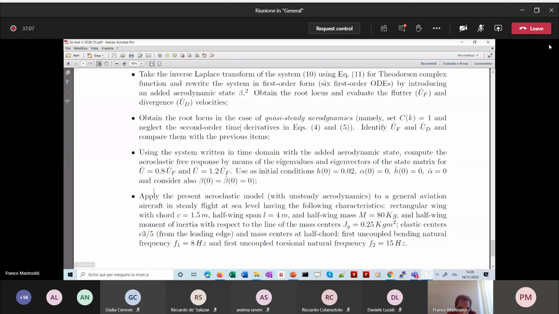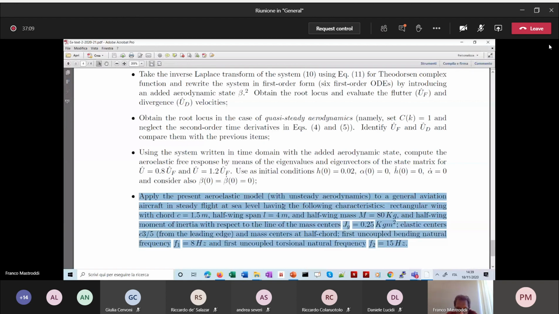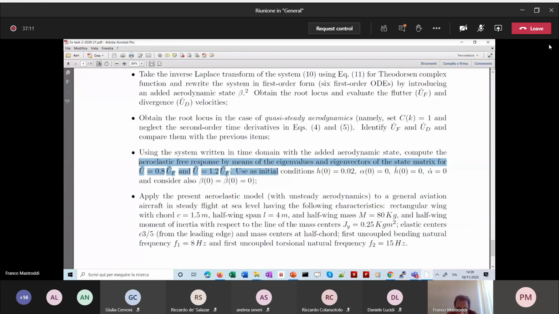Excuse me, I talk about this last, not this. I come back to this later. I have already discussed this because this question is exactly the analysis performed by including the added aerodynamic state, and then performing the stability analysis just in the standard case. So I have already discussed this part here. The last part is interesting.